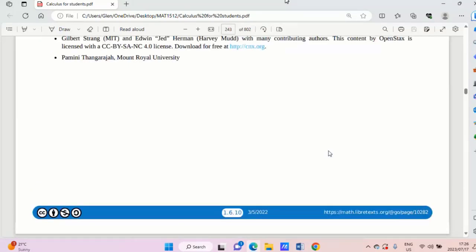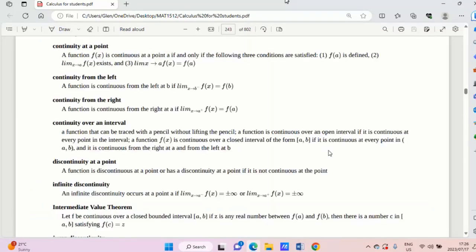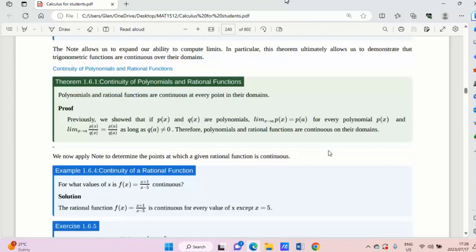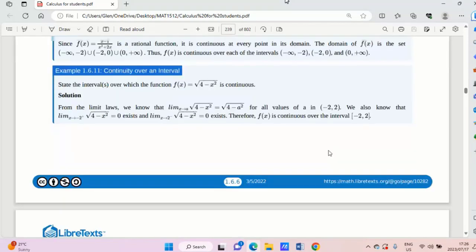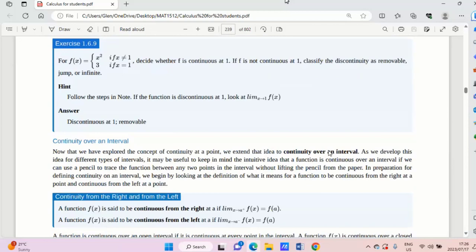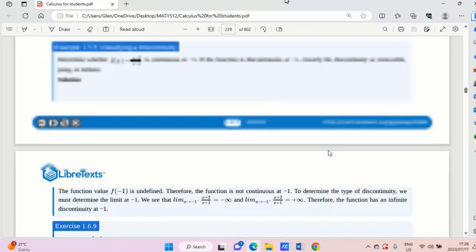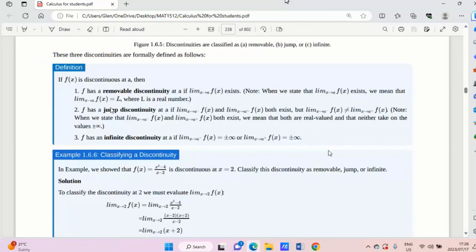Let me go here. We are now on page 244, because what you are talking about is revolving around this 1, 2, and 3.